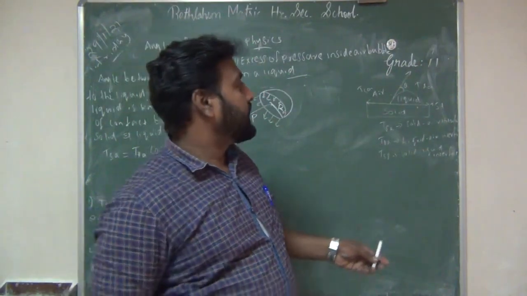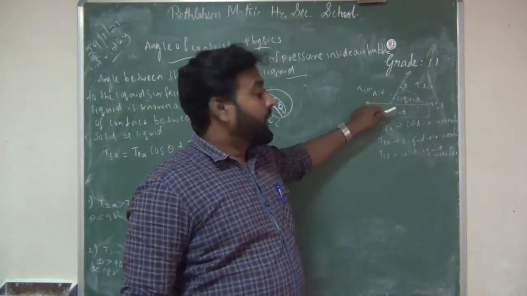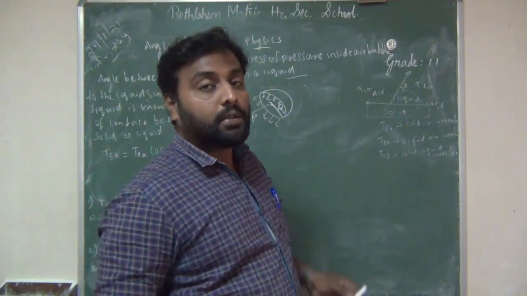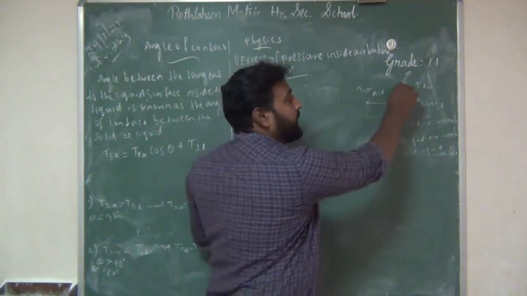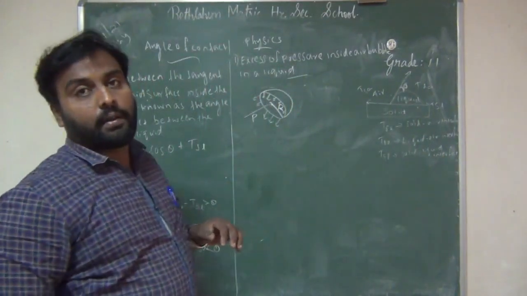You can see this diagram. There is a line tangent to this liquid and perpendicular to this solid, so there is an angle forming between these two surfaces. This angle we are calling the angle of contact.